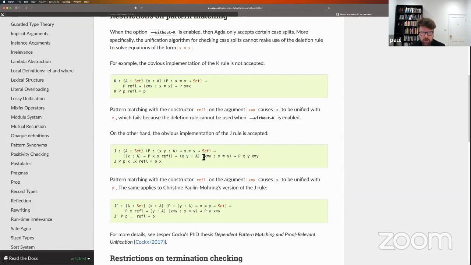X, Y, A, and then. It feels like a for all or something. It must be. Yeah, okay, so this is like a pi. Yeah, I understand.